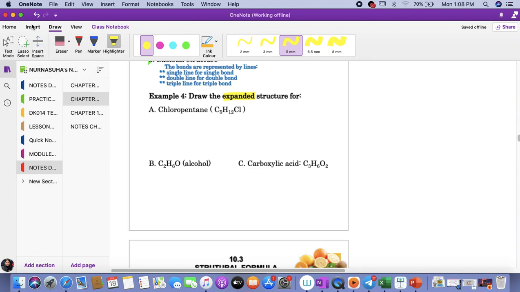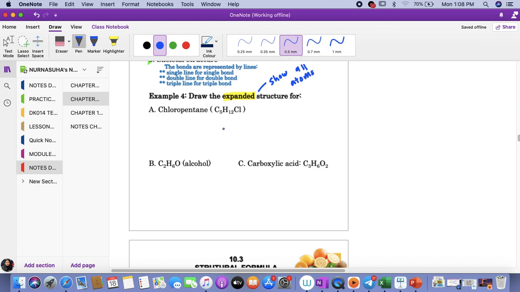Okay, kalau expanded structure means that you kena tunjuk semua. Show all atoms exist, termasuk bond lah.